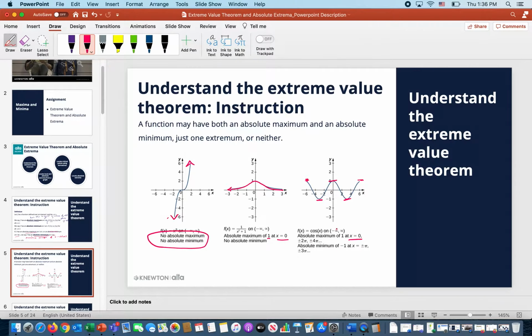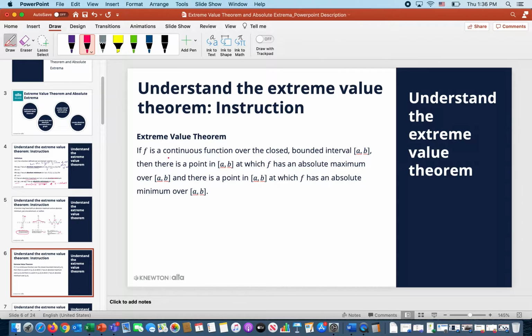Here we have absolute minimums at negative pi and positive pi, and then negative 3 pi and positive 3 pi. So this is a periodic function, and that's why we have multiples of those. But you'll notice that it says absolute minimum of negative 1. In other words, the absolute minimum is negative 1. The absolute maximum is 1, but it is at the x value.